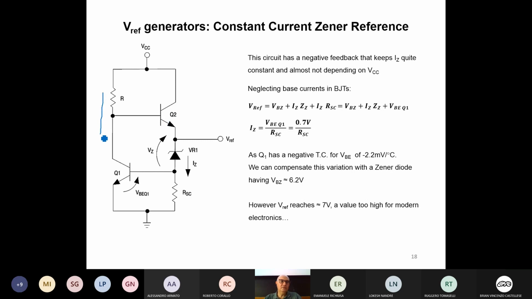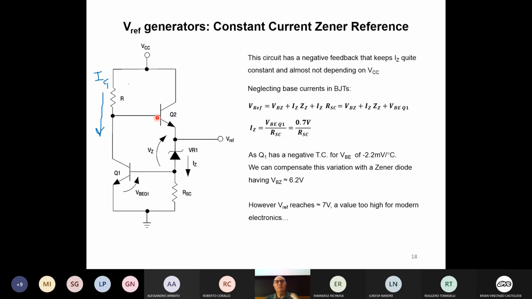This one is IC, collector current of transistor 1, IC1, and is the same through R and the collector of Q1. If the current through the resistor is increased, there will be an increase in the voltage across R.